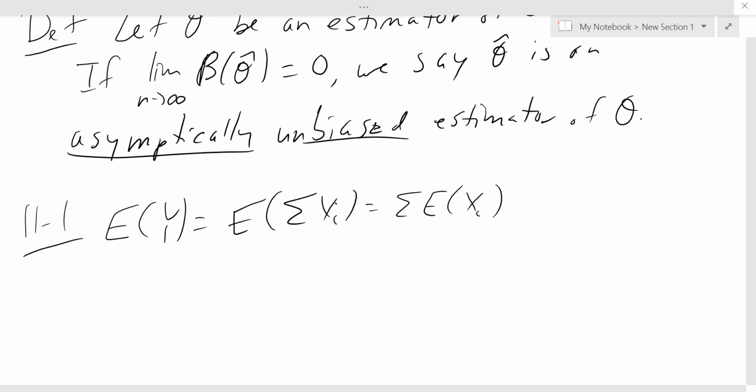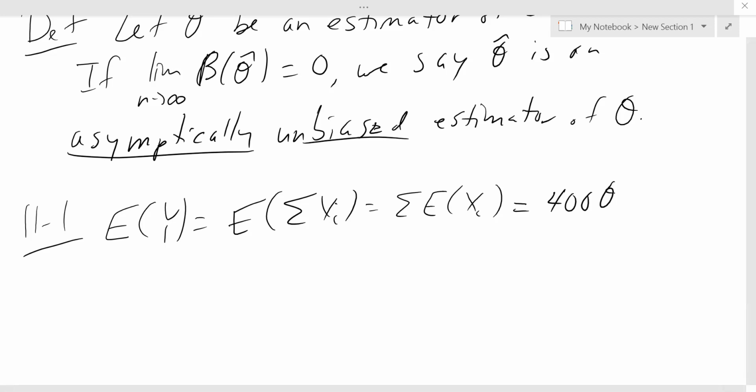So this answer should be 400 theta. And again, that's because the expected value for a gamma random variable is alpha theta, and we're given that alpha is 4. So each of those x sub i's has an expected value of 4 theta, and we're adding it up 100 times.